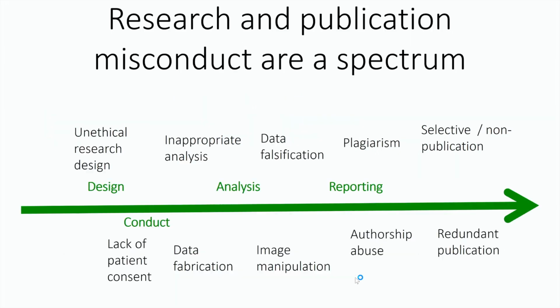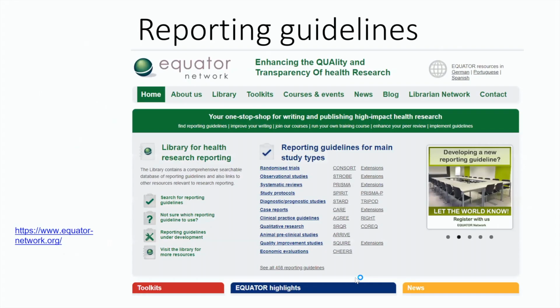And I just wanted to show a spectrum of research and publication problems that can happen during design and conduct of research, analysis, and reporting, and we have all kinds of problems, and we're going to talk about that later. I just wanted to highlight the problems that we have.